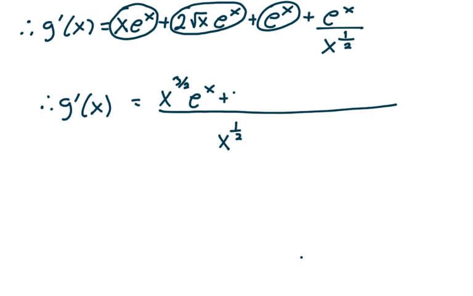Plus 2x e to the x plus e to the x, here, we'll make room here, plus x to the 1/2 times e to the x plus e to the x. I don't have to multiply the last term by x to the 1/2 because there's already an x to the 1/2 in the denominator. And that's how you do problem number 8.